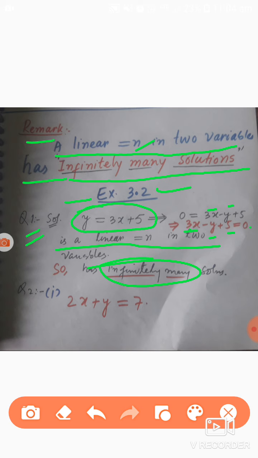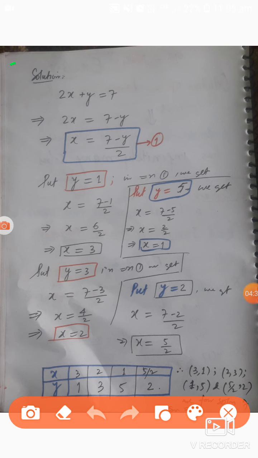Now we will come to the next question of the exercise. The second question is that you have to find four solutions for a given equation. The given equation is 2x plus y equal to 7. It is the first part of question number 2. To find the solutions of a linear equation in two variables, we have to write one of the variables in terms of the other.